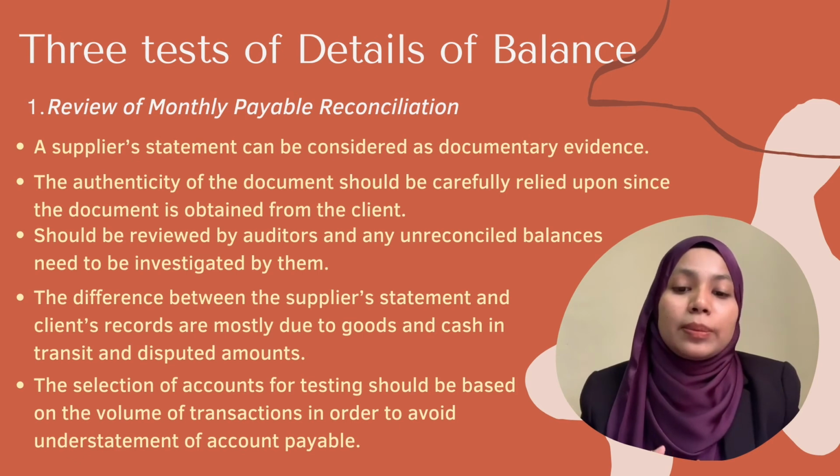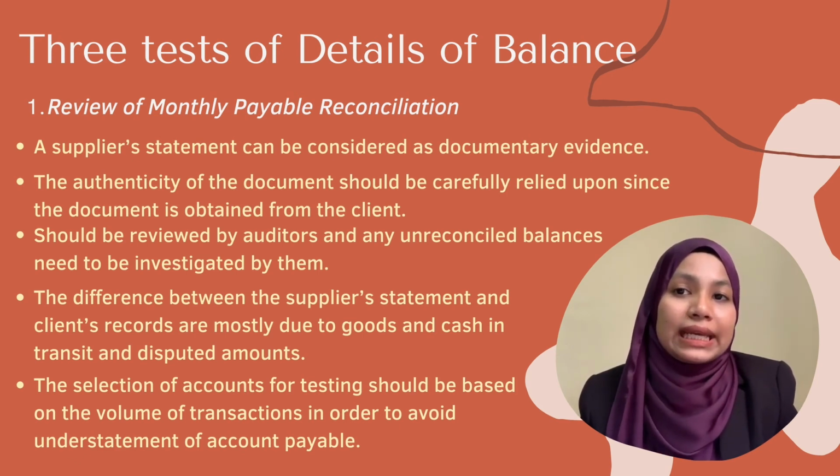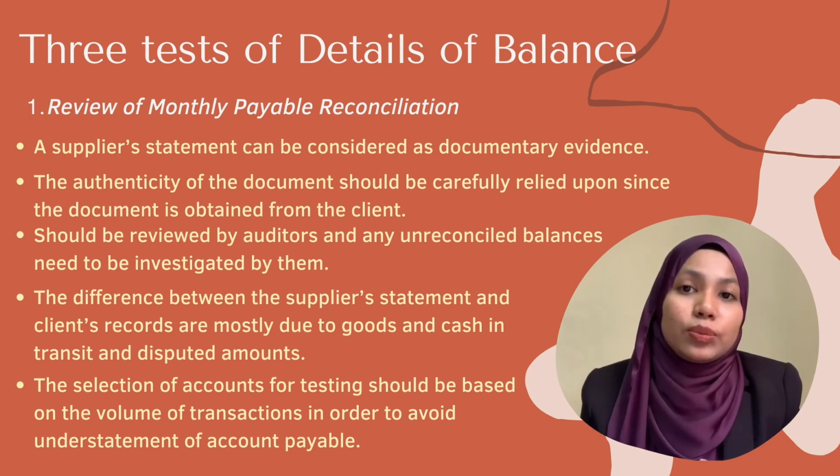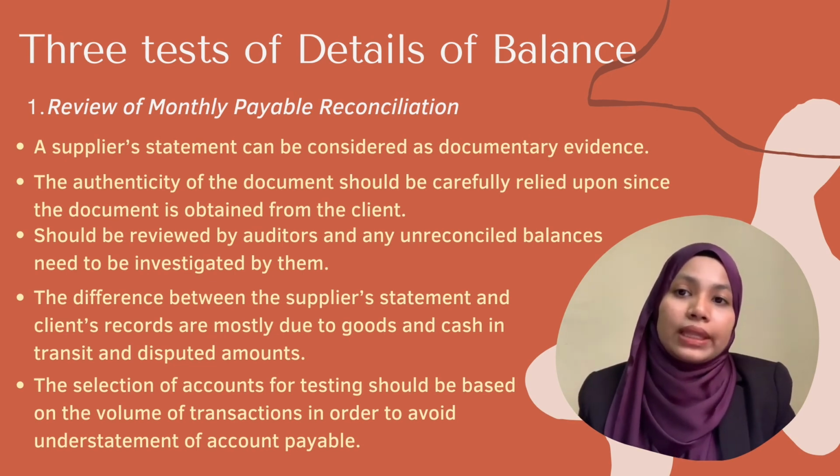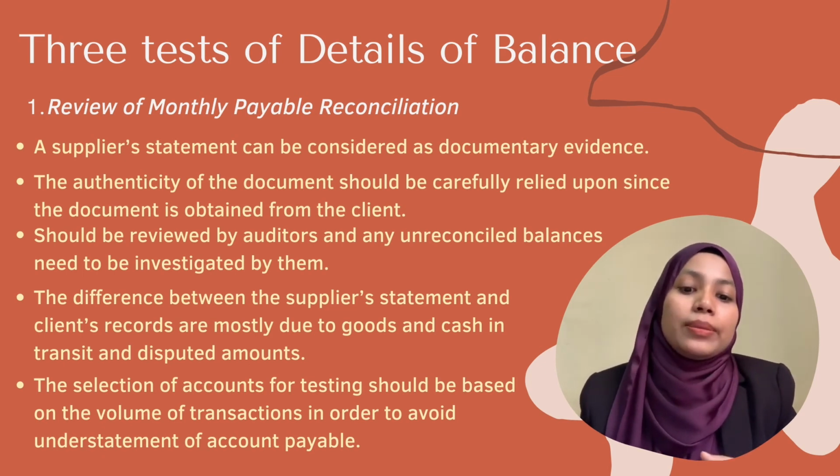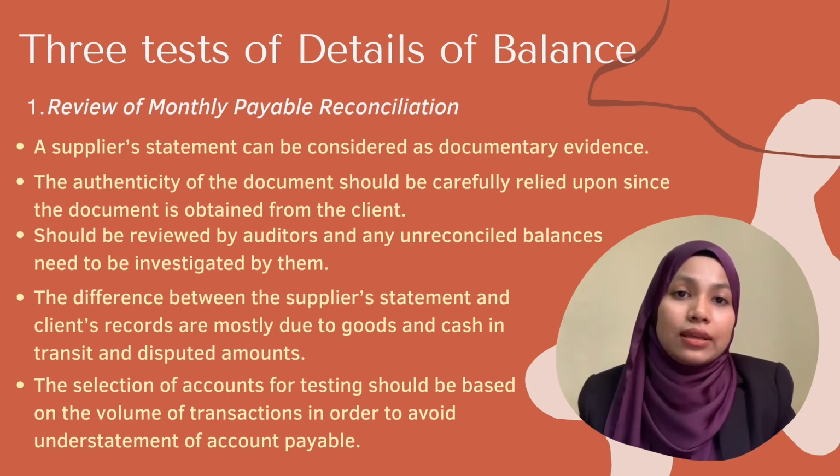The difference between the supplier statement and client records are mostly due to goods and cash in transit and disputed amounts. And the selection of accounts for testing should be based on the volume of transaction. This is to avoid understatement of account payable.